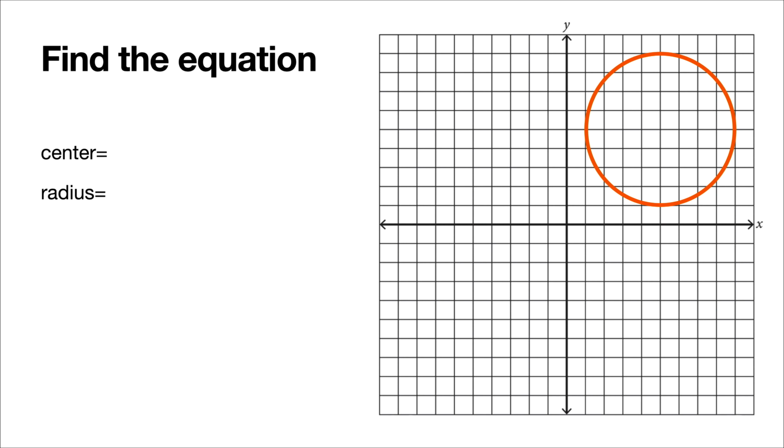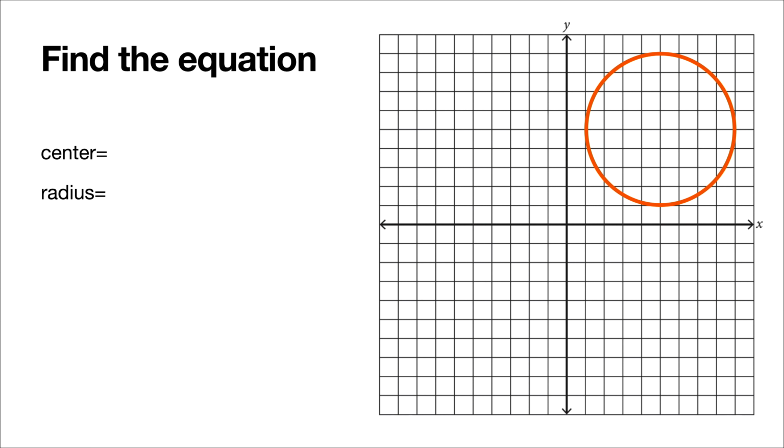So back to our question that we had right here. If I'm having trouble, I like to say, okay, here's our x value right here. This is our center, that's at 1, 2, 3, 4, 5. And then our y value is right around here, so that's 1, 2, 3, 4, 5 as well.